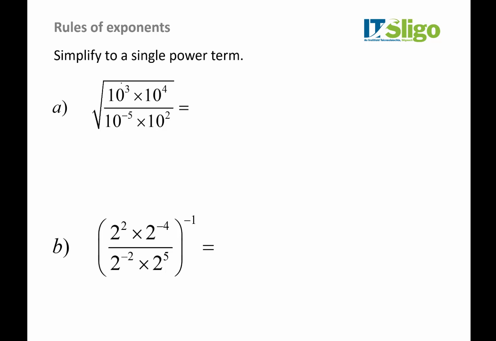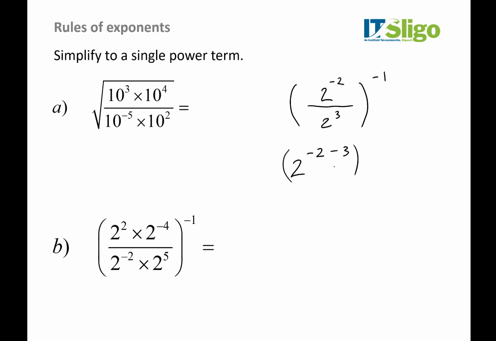Now here again, I leave the minus 1 outside. Now working on the top line, add the powers. We're going to get 2 to the power of minus 2. Working on the bottom line, add the powers, 2 to the power of 3. Now, it's always a good idea, guys, just to write these out carefully.